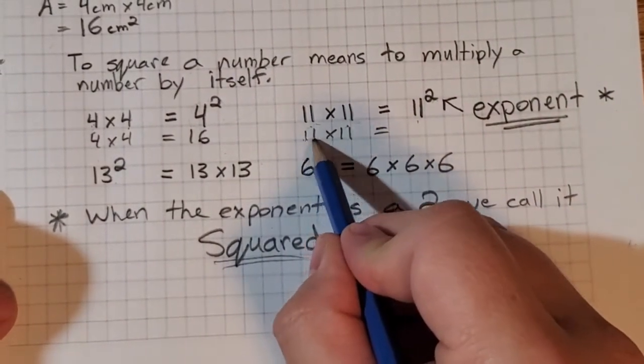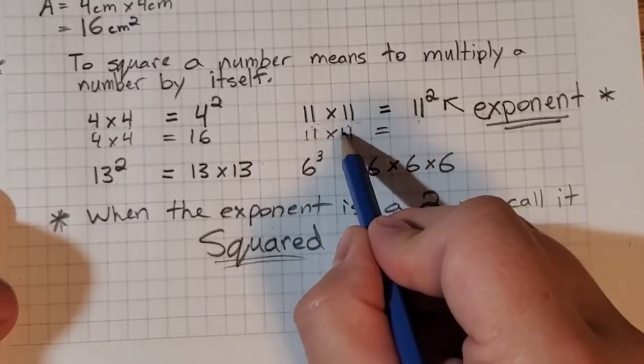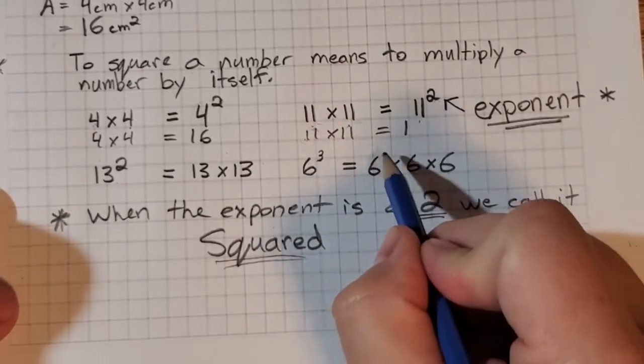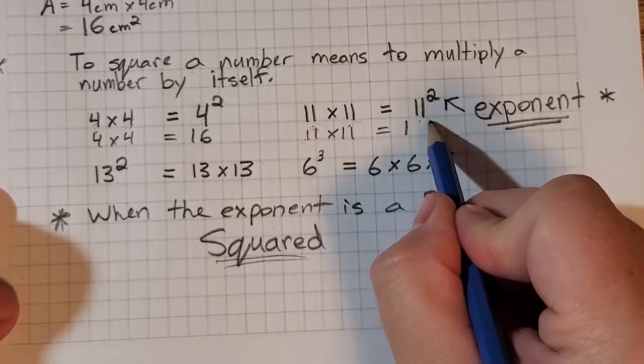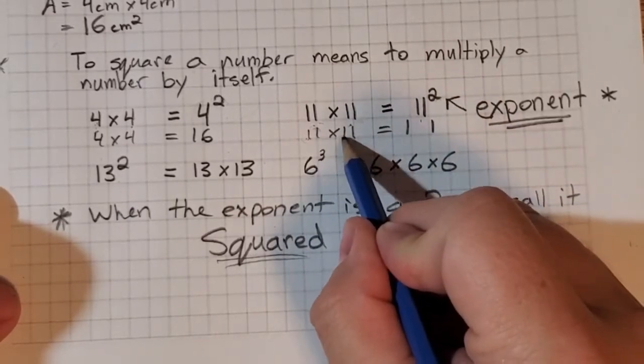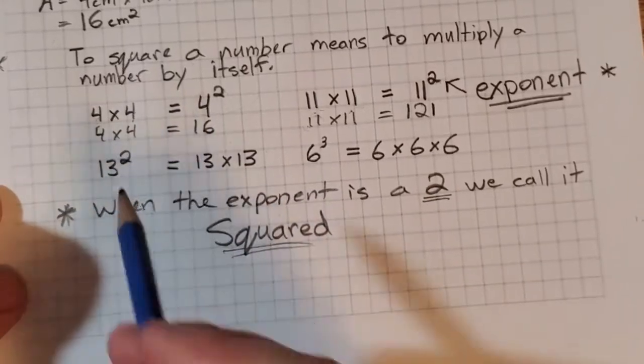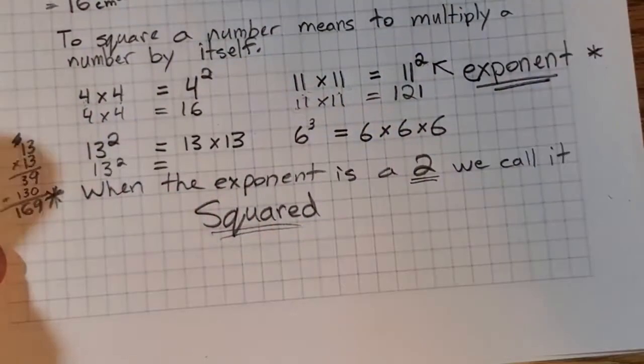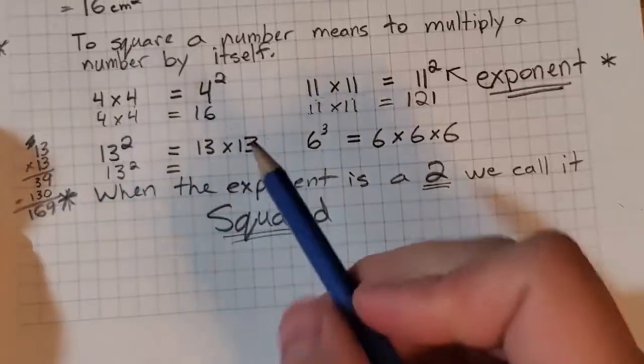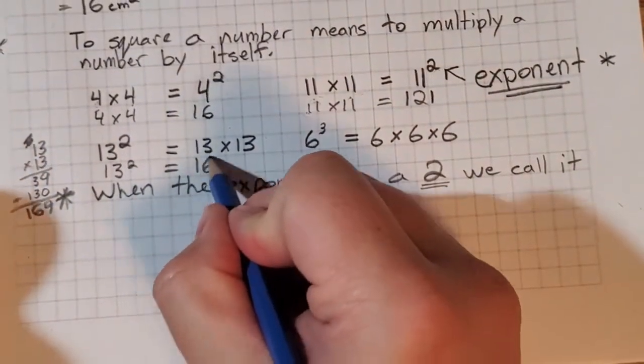When you're multiplying 11 times a two-digit number, take your first digit, make it your first digit, take your last digit, and the number that goes in the middle is these added up. So it's 121. What about 13 times 13? You might need to do some multiplication in columns, and you get 169.